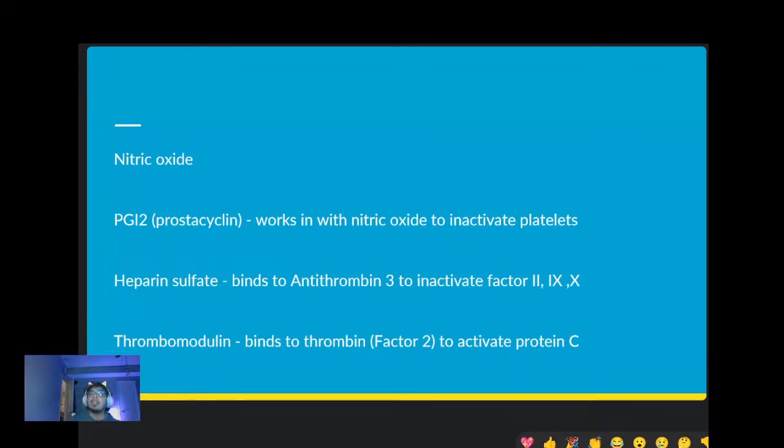Now I know you guys are used to remembering these names. I'm not going to ask you the question, what's the other name of the Christmas factor? No, I don't ask questions like that. Don't worry. You will not be asked to remember. You will be asked to use your heads in my exams. Okay? I don't ask direct questions like, what's the Christmas factor? What's the factor that is deficient in factor 8?